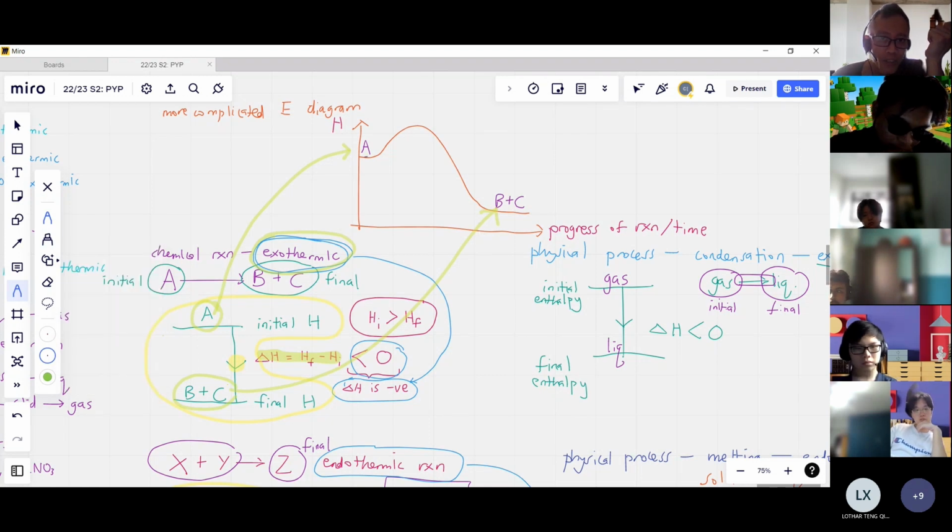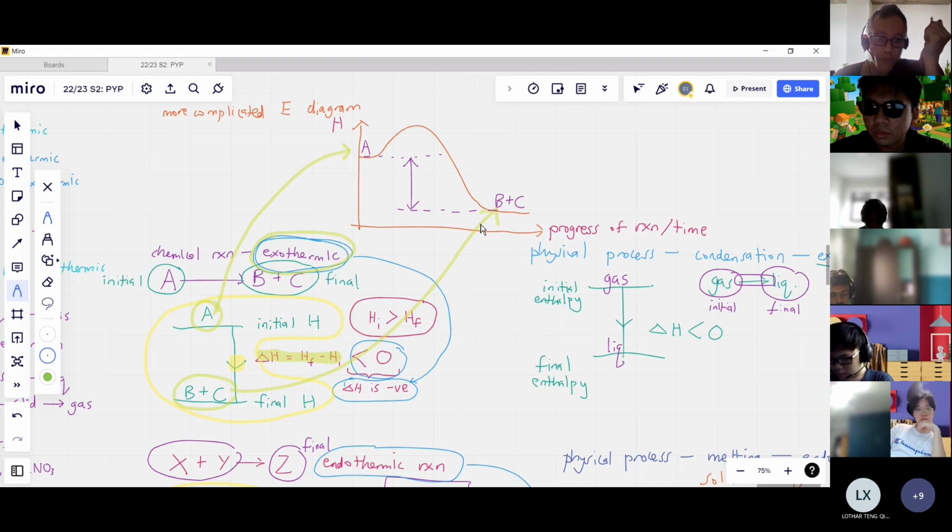Now, if I draw a straight dotted line and a straight dotted line extrapolated from B and C, what is this? What is this? The height here, what is this height? Or what is the difference in height?